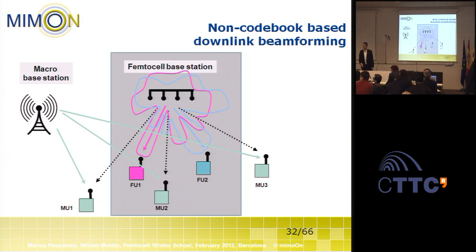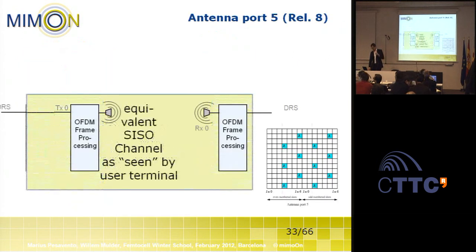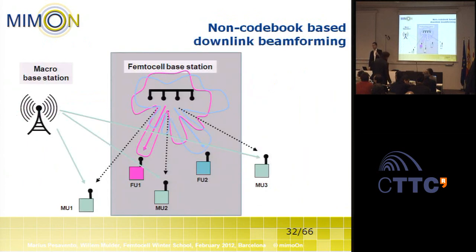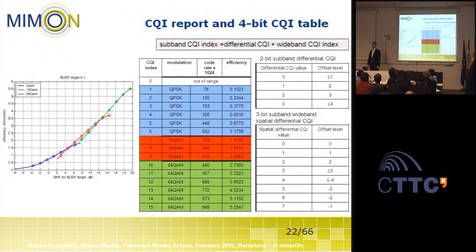One question. Before, you said that the CQI has to be reported such that a certain error rate is achieved. How do you do that with those averaging schemes? I mean, how do you measure the error rate? Or how do you map this SINR to... Yeah, the user equipment knows how much signal strength it needs in order to support a particular code rate and a particular modulation scheme.